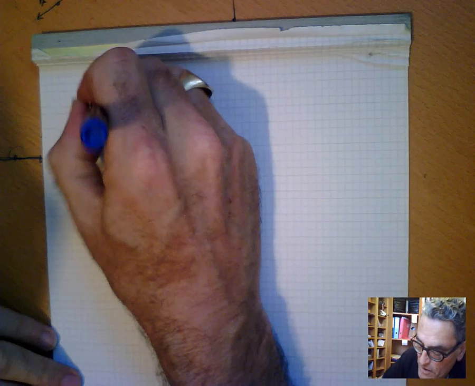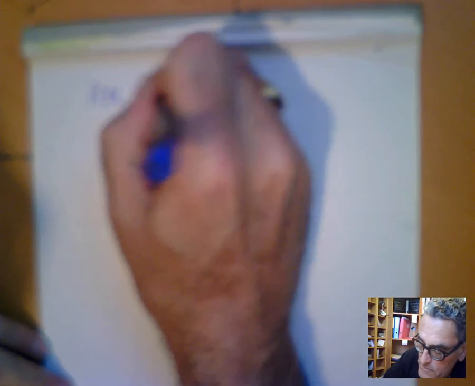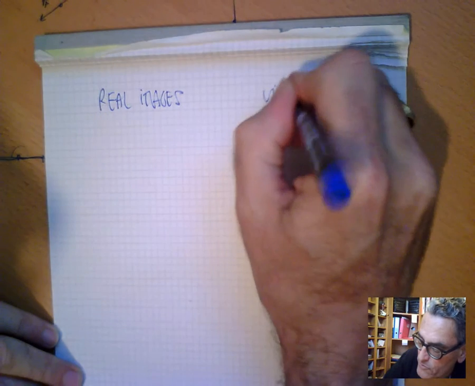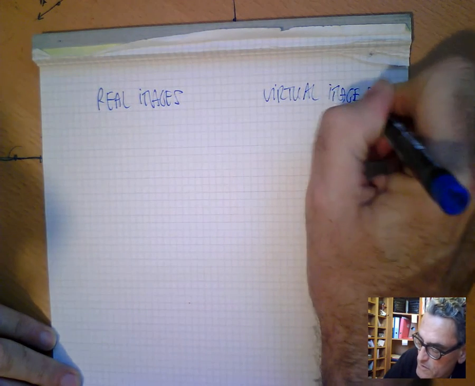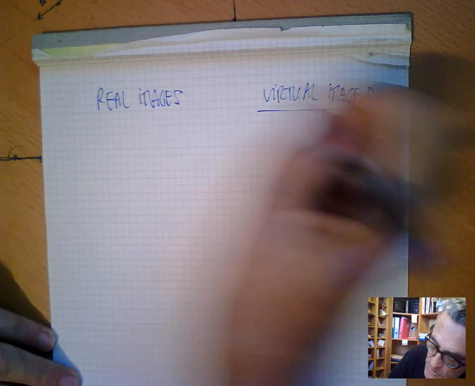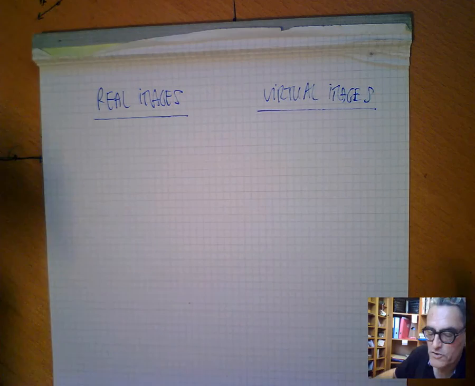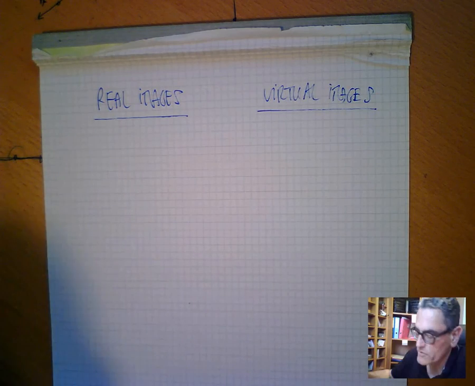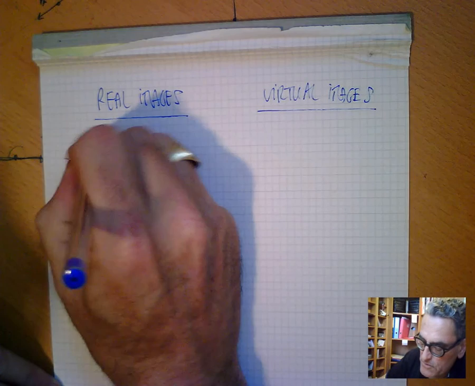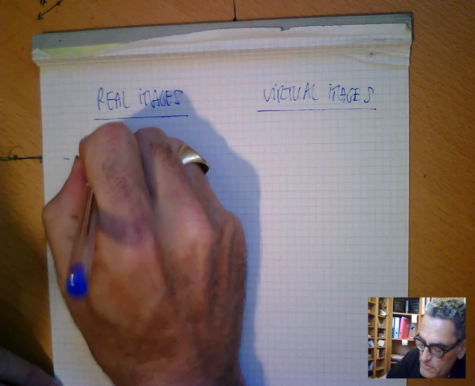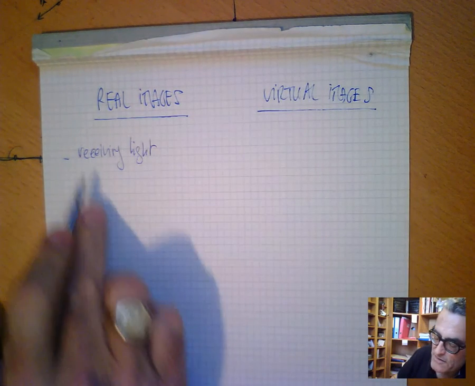Okay, we have real images and we have virtual images. Let me change pen. Okay, real images are receiving light.